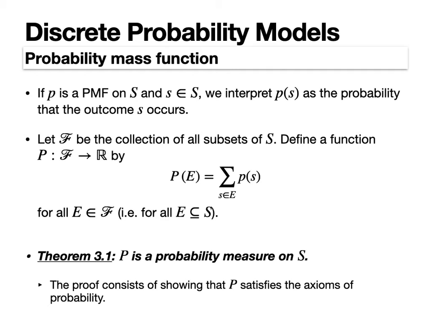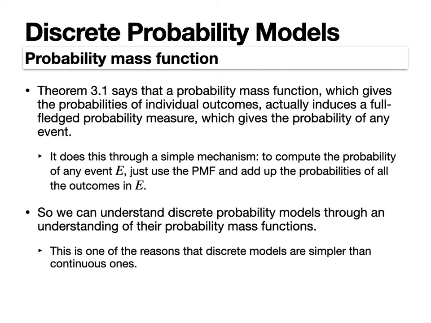So that leads us to theorem 3.1. The P, defined as you see above, is a probability measure on S. This theorem basically says that given a probability mass function, which gives probabilities of individual outcomes, you can induce a full-fledged probability measure, which gives the probability of any event, and you do so in a simple way.